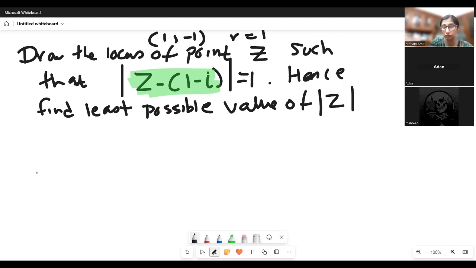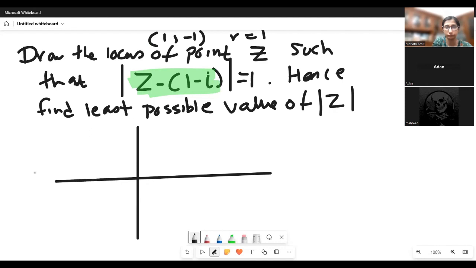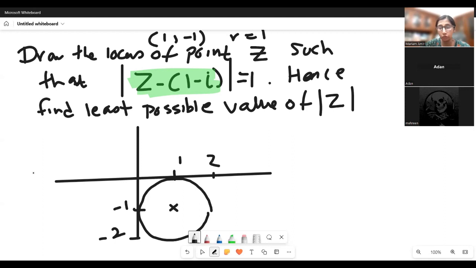So this is actually a circle whose center is 1 comma minus 1 and whose radius is 1. So it's going to be a circle like this. You'll have 2 here and you'll have minus 2 here. We've drawn the locus, hence find the least possible value of modulus of z.